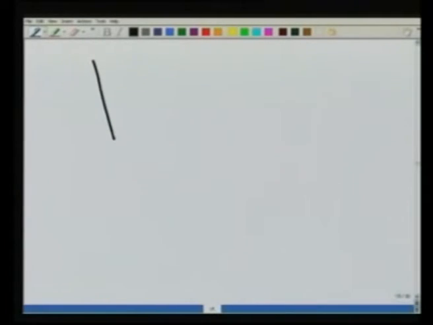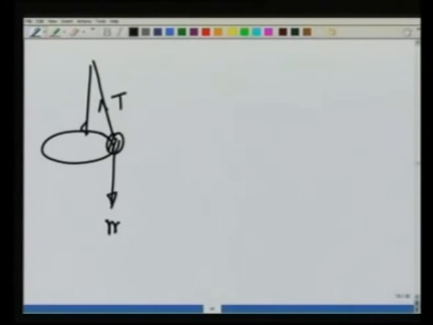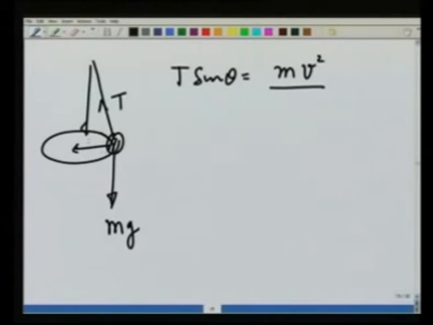So, when this bob is moving in a circle like this, this is the tension T in the rod, this is mg. This component of T provides the centripetal acceleration, and therefore, T sine theta must be equal to m v square over the radius of the circle, which is L sine theta, and T cosine theta must be equal to mg.